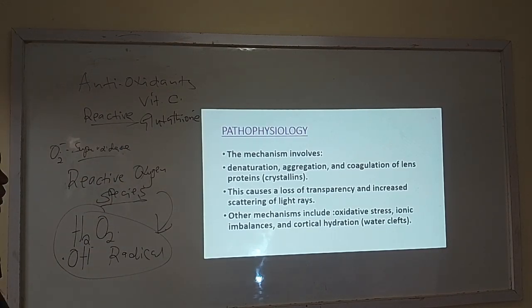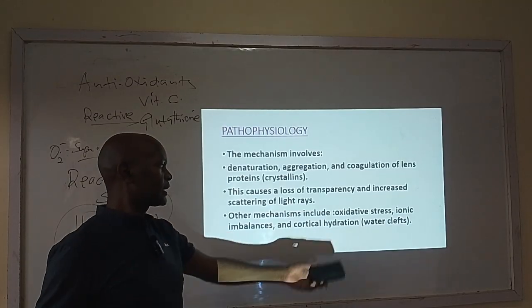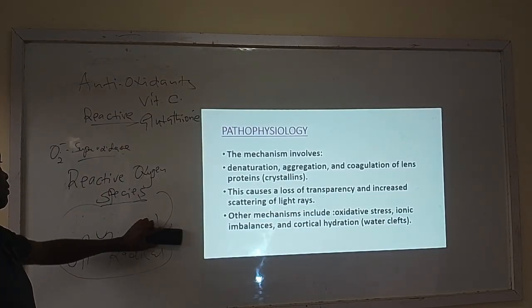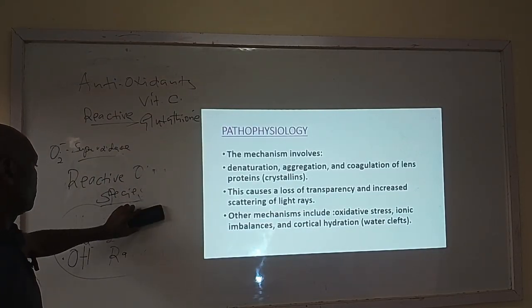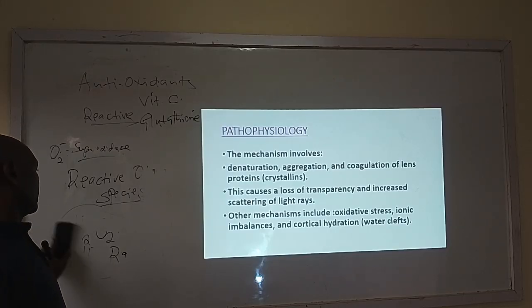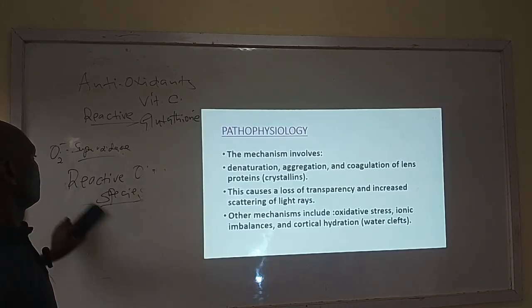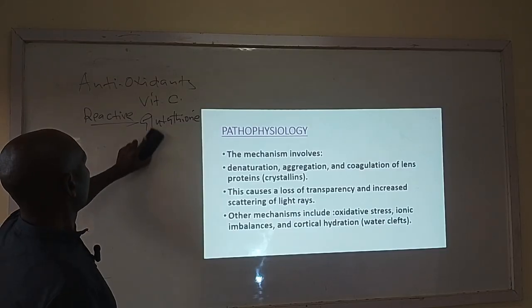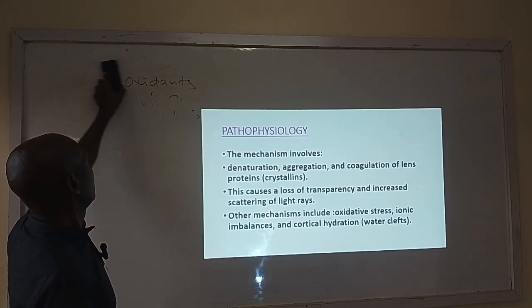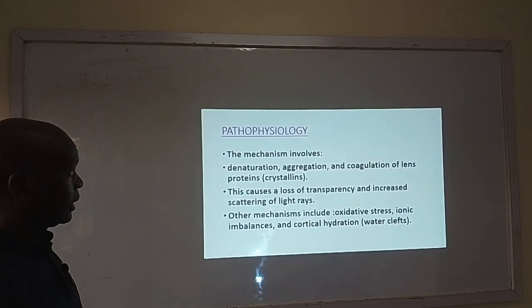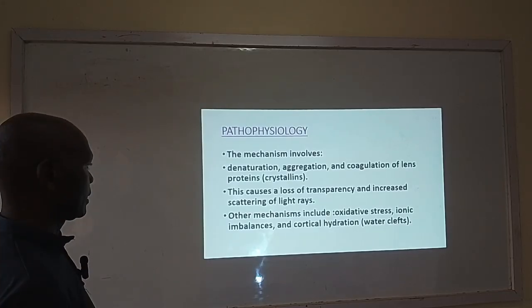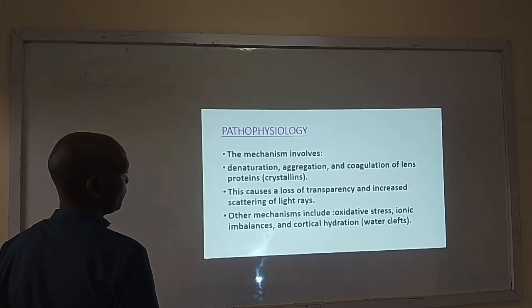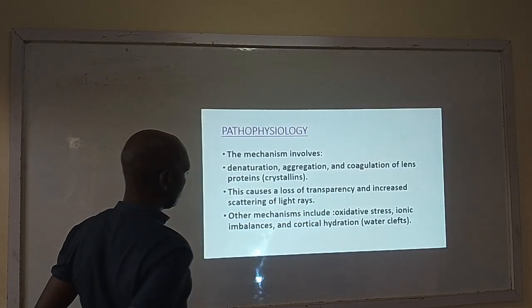Therefore, the tissues are undergoing oxidative stress, and therefore they will go on and produce harmful molecules within the lens, which can lead to opacification of our lens and cause what we are referring to as cataracts. So that is what oxidative stress means.